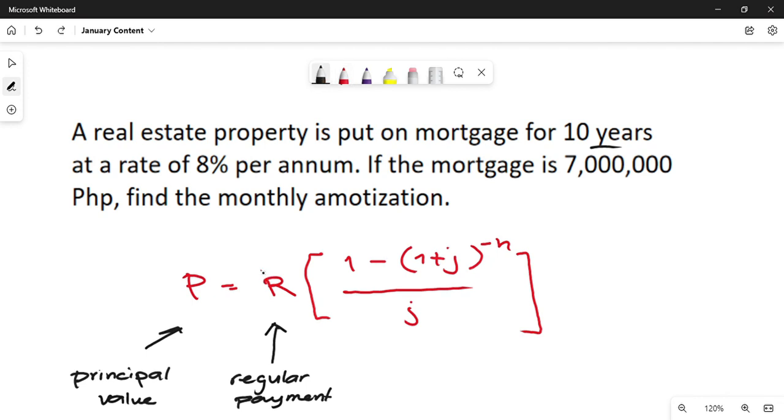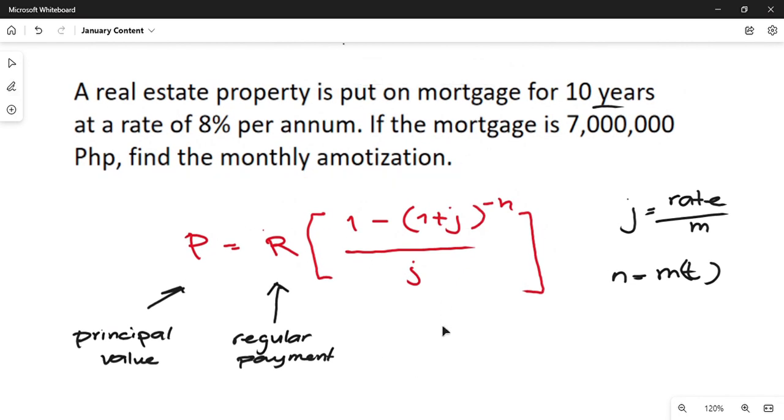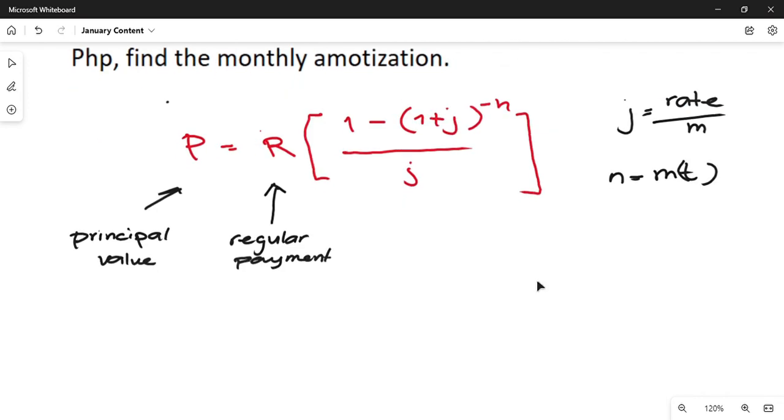J here can be solved by using J is equal to rate over M. And N, from this exponent here, N is equal to M times T. So from the problem, let's list down the givens. This formula is what you should use for solving amortization.